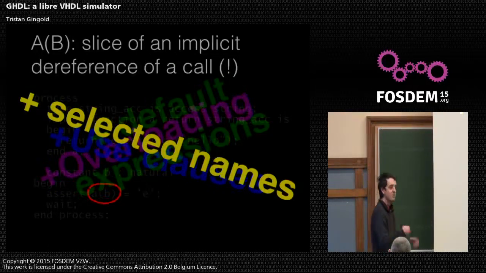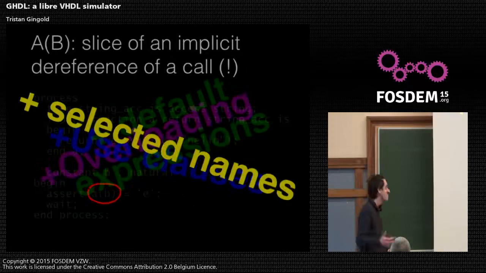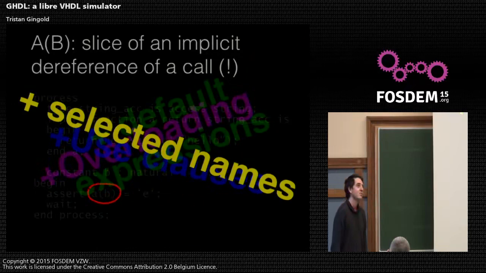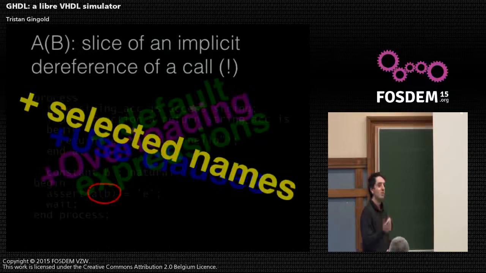I can point to the manual, and so the user is embarrassed. It's particularly not nice when this is a standard package, a package provided by vendors, that is not correct VHDL.